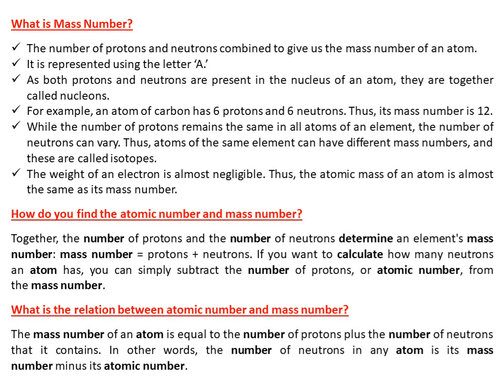What is the relation between atomic number and mass number? The mass number of an atom is equal to the number of protons plus the number of neutrons that it contains. In other words, the number of neutrons in any atom is its mass number minus its atomic number.